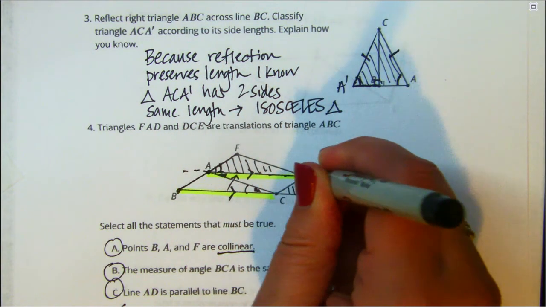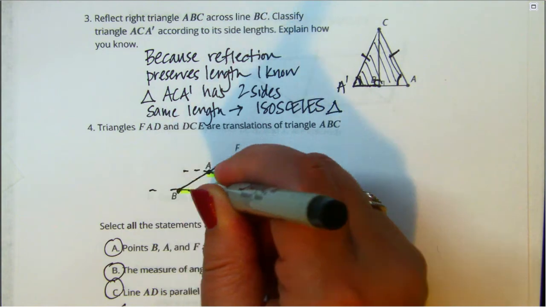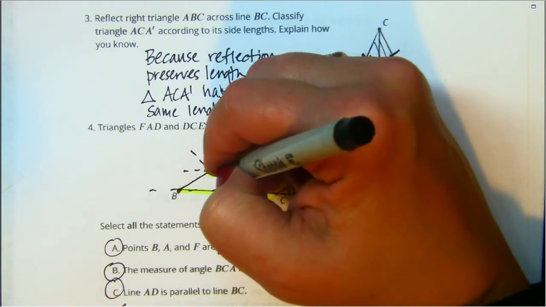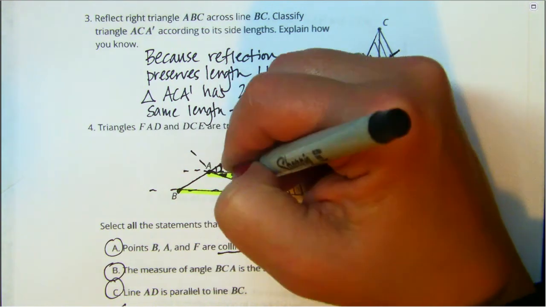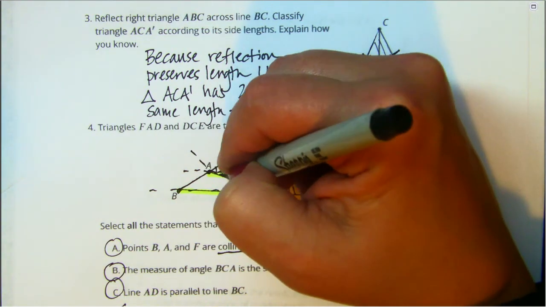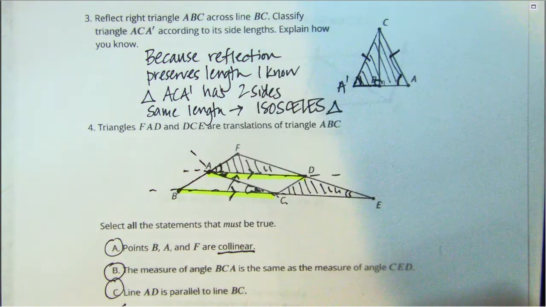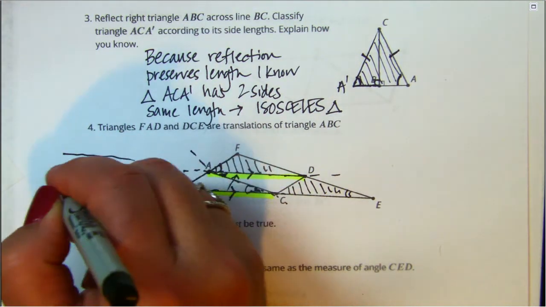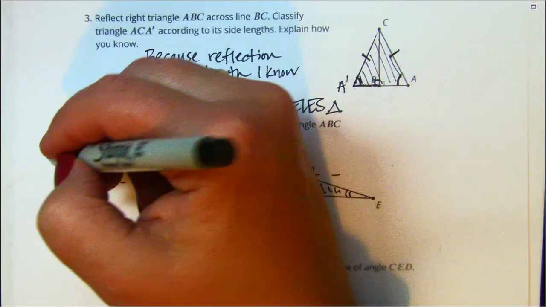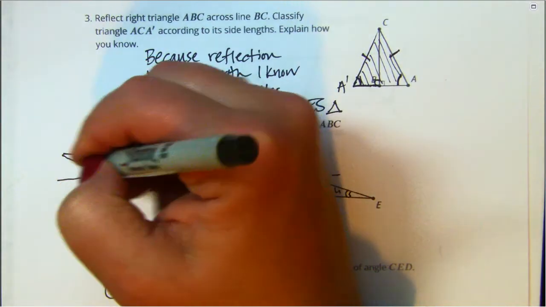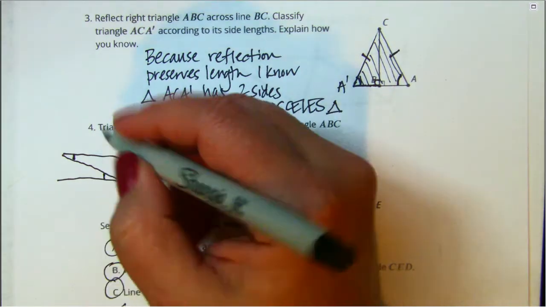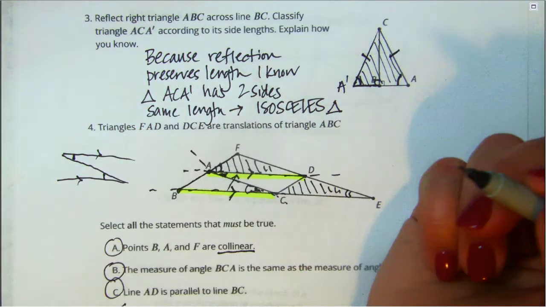If these two yellow lines that I've highlighted are parallel, then this line coming through is called a transversal, and these two would be alternate interior angles. They are congruent. This one is the same as this one because these two lines are parallel.